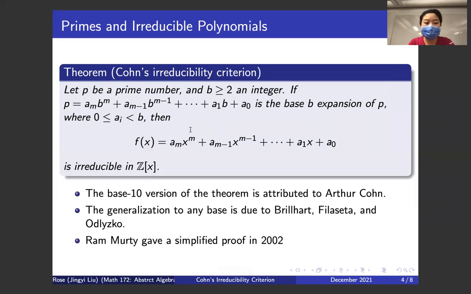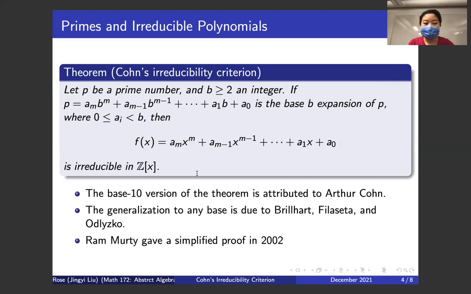Then we have a corresponding polynomial f(x) with coefficients that appear in the base b expansion of p. And this criterion says that f(x) is irreducible in the polynomial ring over Z. So this is very interesting because it tells us that if we know a prime number, then we can find a corresponding polynomial that is irreducible.